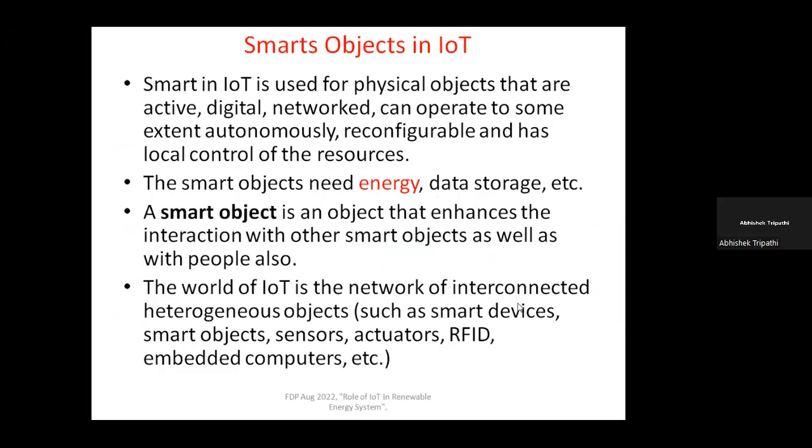When we again come to the architecture, there are some smart objects in IoT. These are physical objects, but they are capable of some networking, they can be reconfigured, and they have local control of the resources.